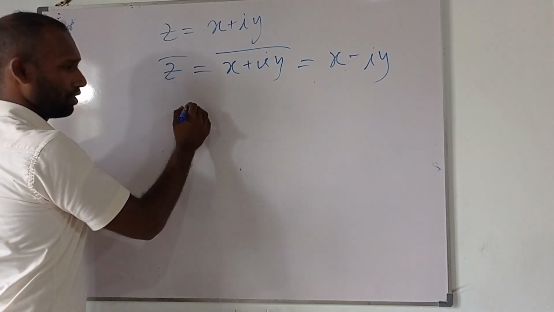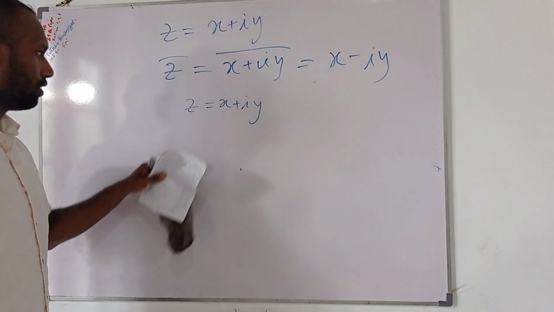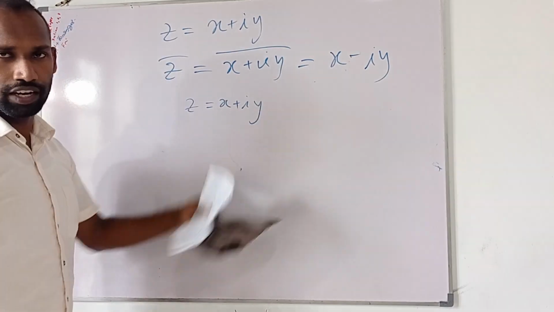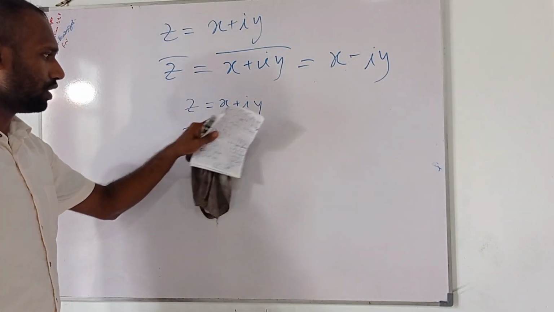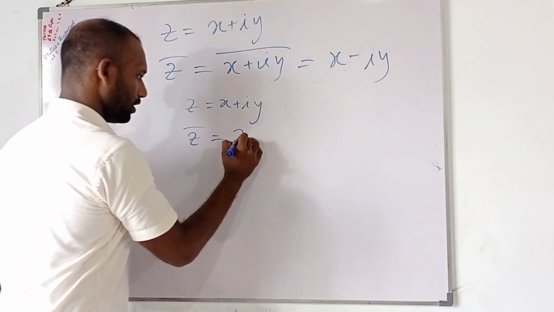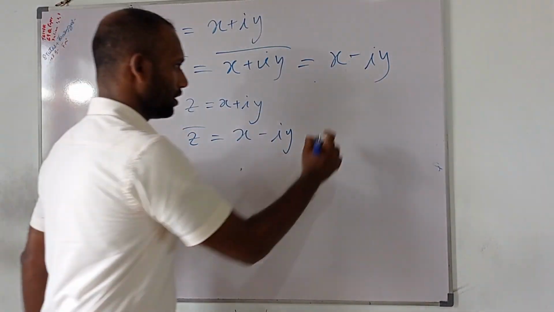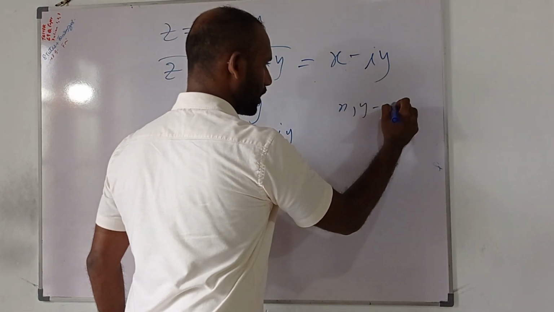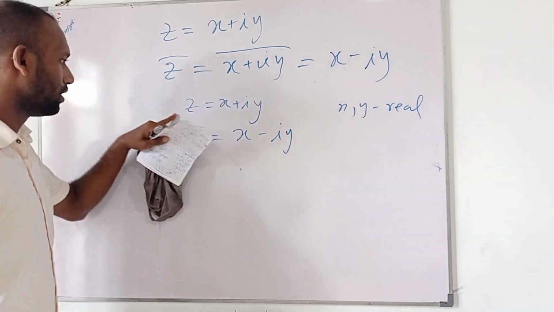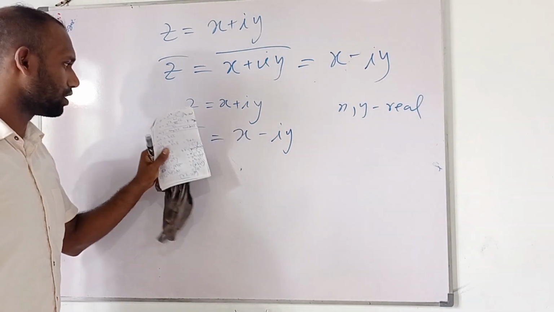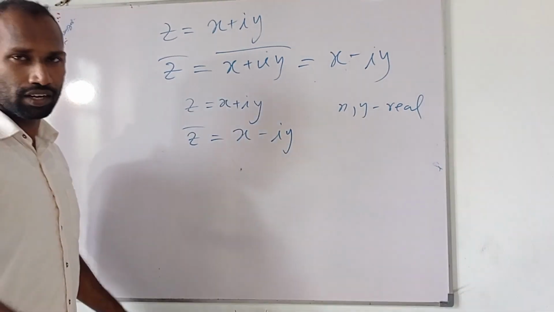So if z is any complex number x plus iy, we can write the bar of z equals x minus iy. Here x and y are real numbers and z is any complex number. Okay, I think now you can understand.